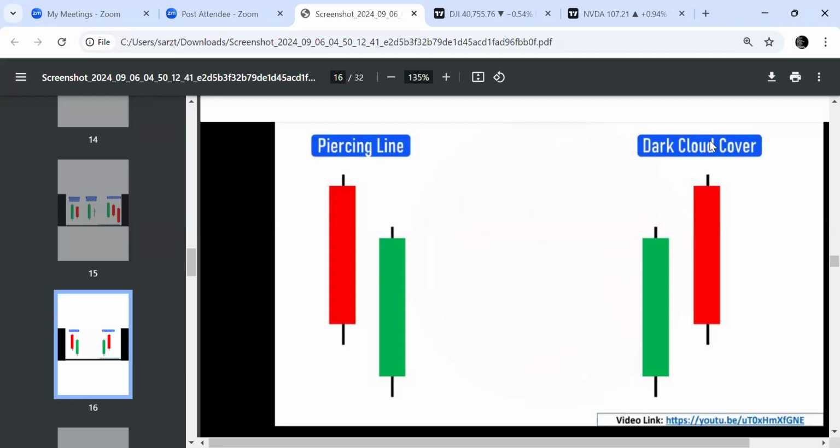And when the market is rising, forming a green candle is not a big deal. But if a red candle forms, it indicates bearishness. So the piercing line will form only when the market is in a downtrend, and the dark cloud cover forms when the market is in an uptrend.